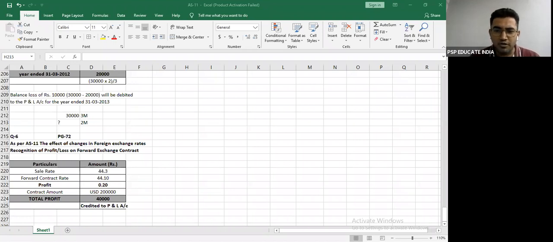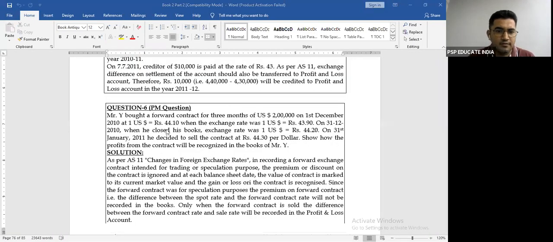Okay, I have one doubt which says, why would bank pay us 44.1 as the contract was for 44.3? Now, Sprua, first let's understand the question. The contract rate was not 44.3. We decided to sell at 44.3. The contract rate was 44.1. So Sprua, I am just repeating your doubt. Please tell me whether I have understood your question correctly or not.